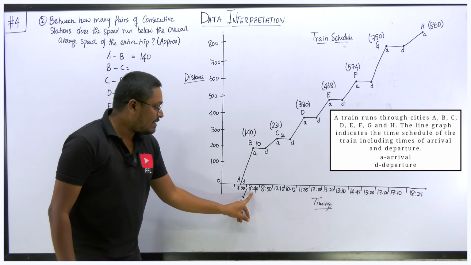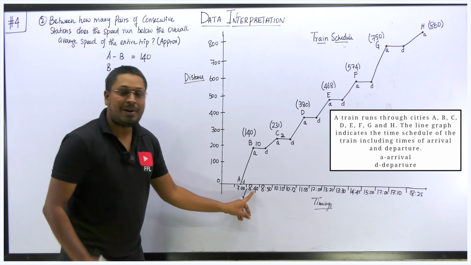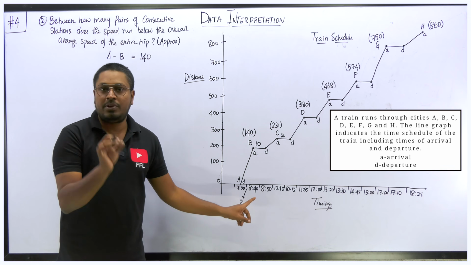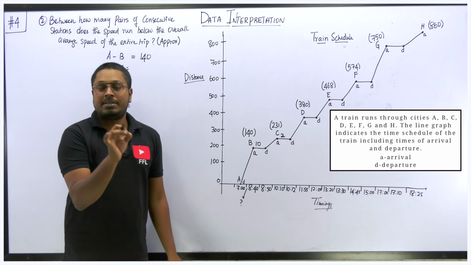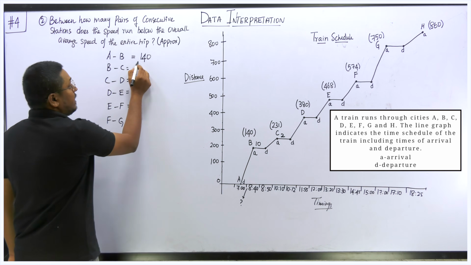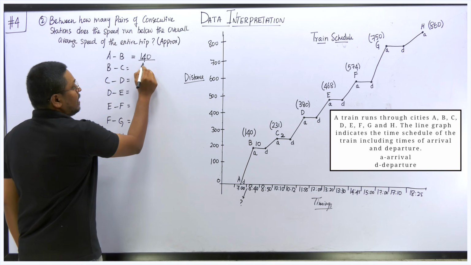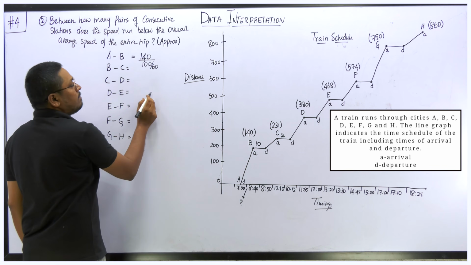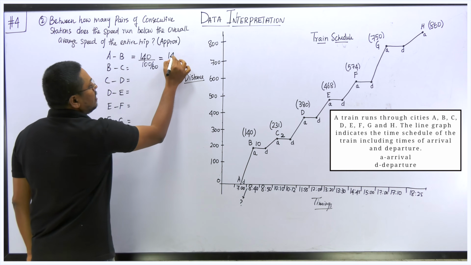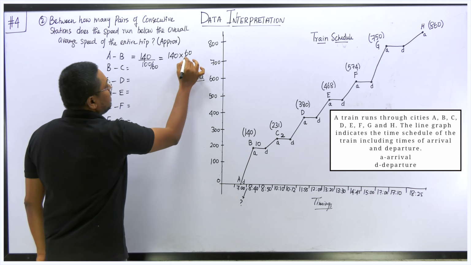So the difference between 7 o'clock and 8:40 will be 1 hour 40 minutes. Just now I told you, 1 hour is 60 minutes, 60 plus 40 will be 100 minutes. So speed is distance by time, so 140 by 100 minutes. Convert into hours, 100 by 60. So this can be written as 140 into 60 by 100.